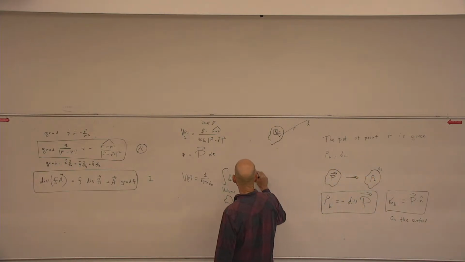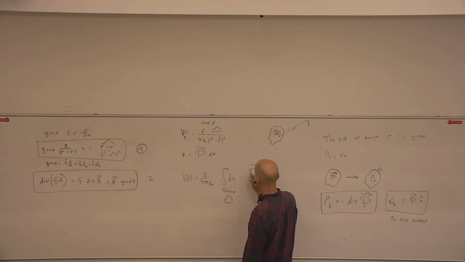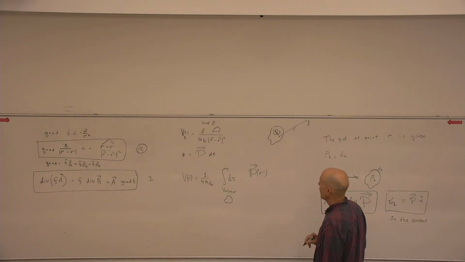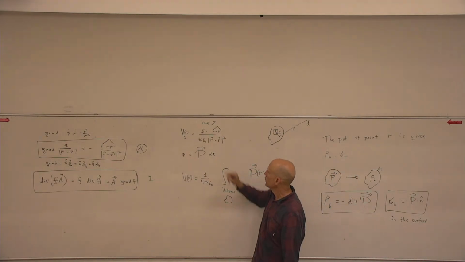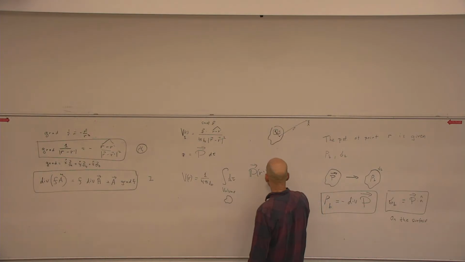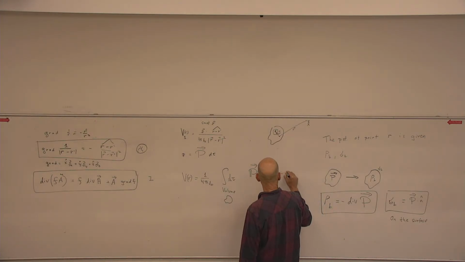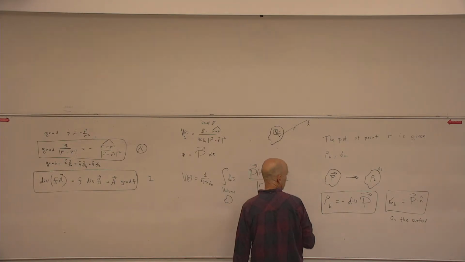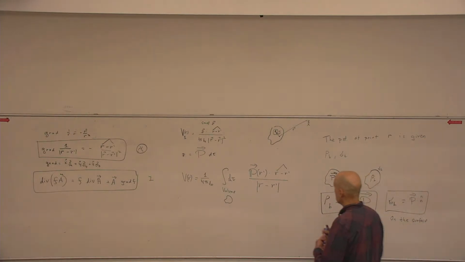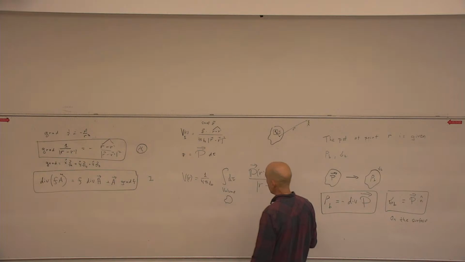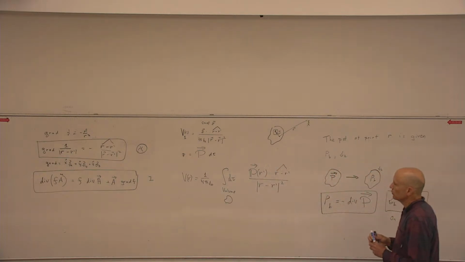And then I need to write down P of r prime. This is the big P. So again, this times this is just the dipole, which you have here, dot r minus r prime hat, divided by the absolute value of r minus r prime, again to the power 2. If we had here 1, then it would be boring.